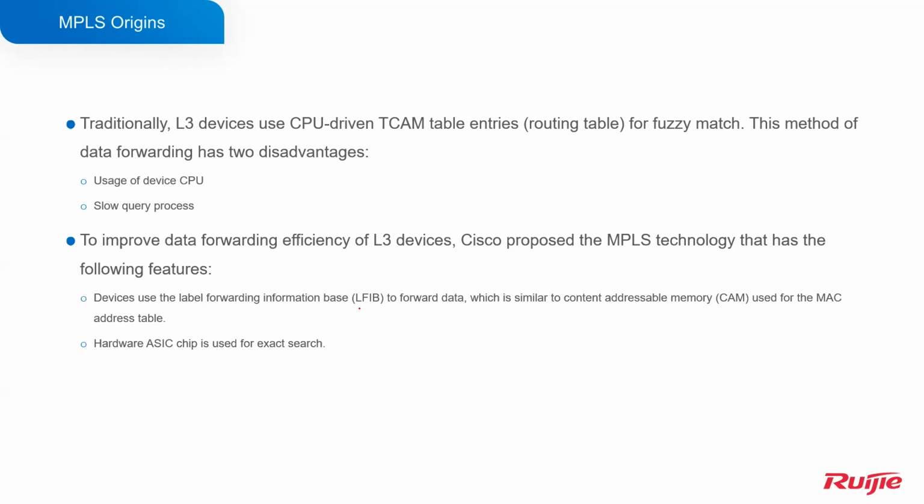If I find one matching entry, I directly forward the message out according to the entry information. In this process, the hardware ASIC chip is used for the exact search, so the speed is faster. That's why we choose MPLS.